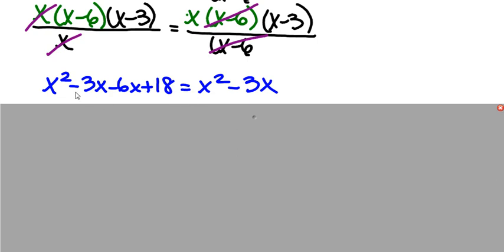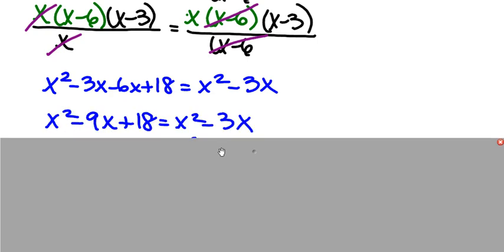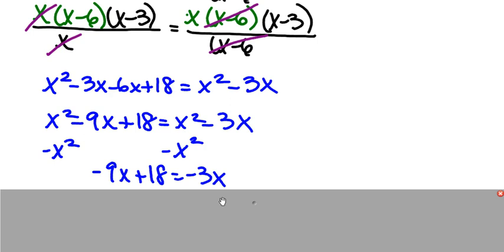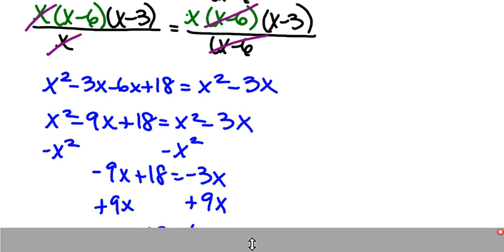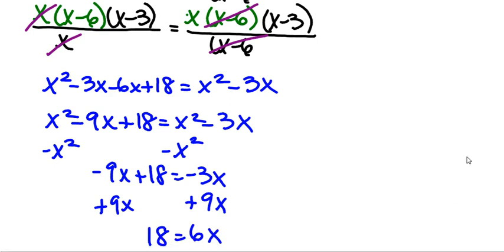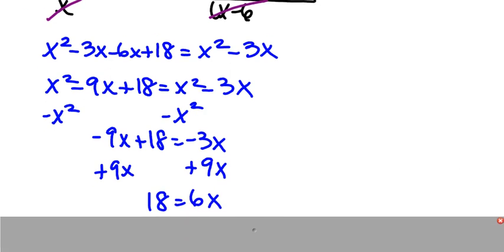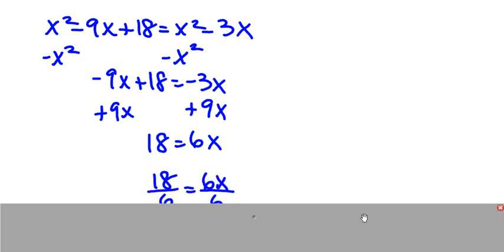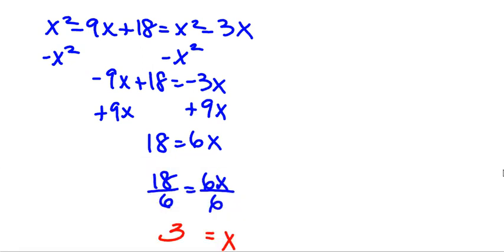So again, we've got some like terms to combine, so I could subtract x squared from each side. We'll be left with negative 9x plus 18 equals negative 3x. I could add 9x to each side. So I have 18 equals 6x. And to get x by itself, we could divide by 6. So x should equal 3.